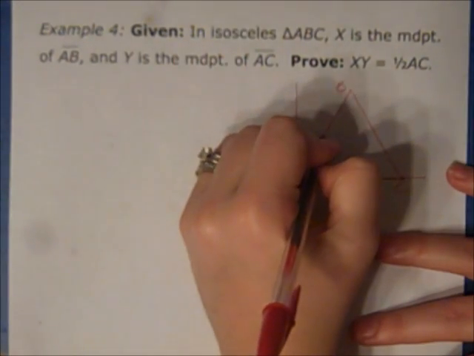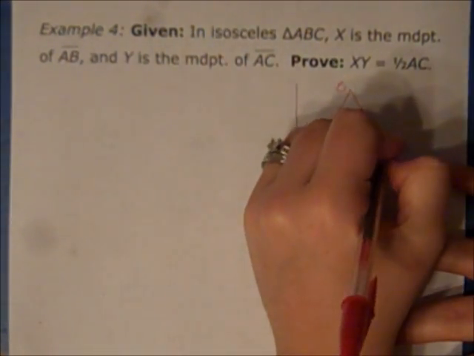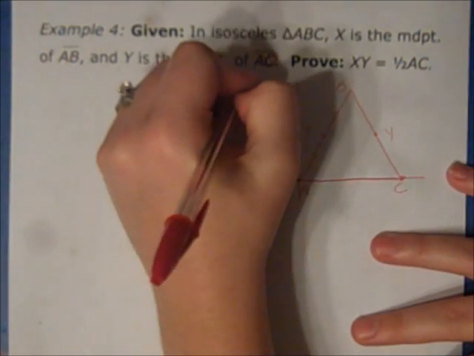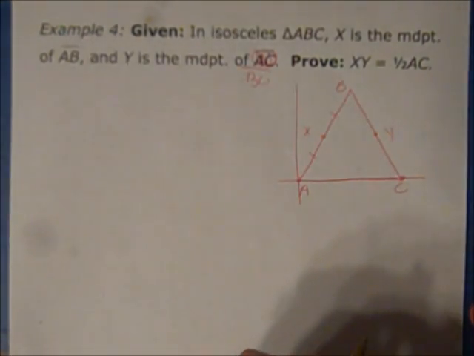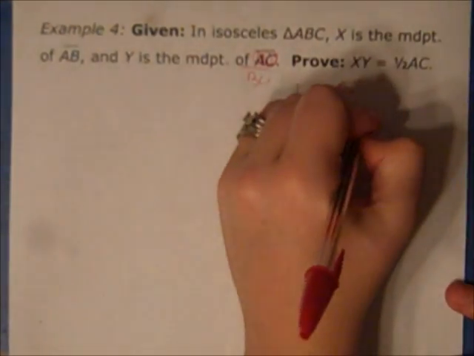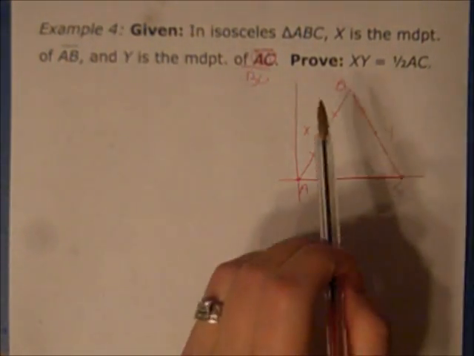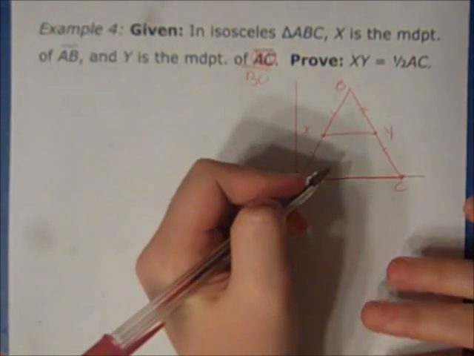Okay, so x is the midpoint of AB and y is the midpoint of BC. Sorry. I want to prove that xy is half the distance of AC.